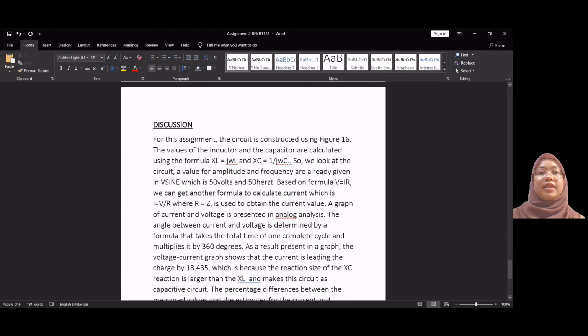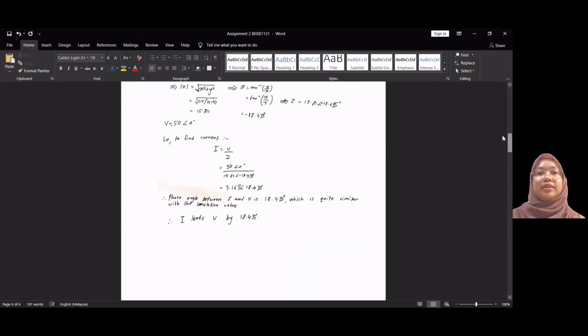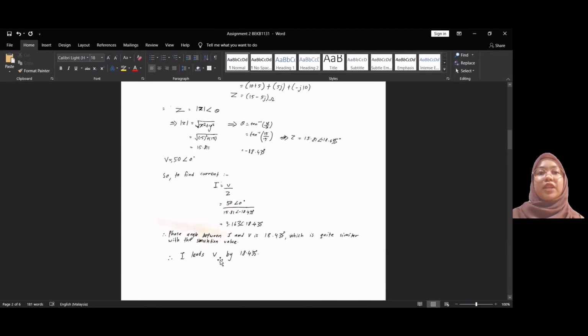The angle between current and voltage is determined by a formula that takes the total time of one complete cycle and multiplies it by 360 degrees. As a result, the voltage current graph shows that the current is leading the voltage by 18.435, which is this one. I leads V by 18.435.